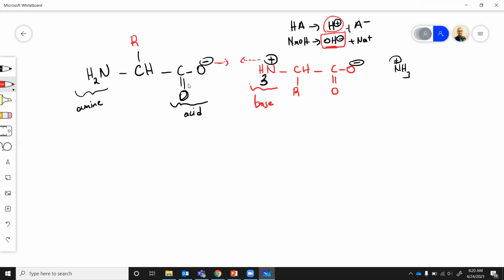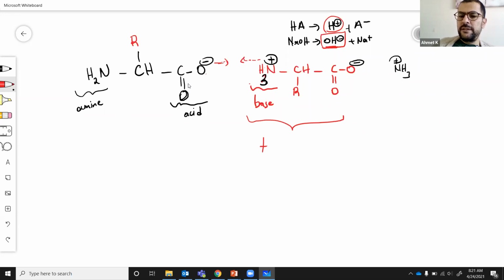And then we are going to call this molecule, there's a term for this, okay? We're going to call it, this is how I remember it, Twitter, right? So it's not going to be Twitter, but it's going to be Zwitter. It's a funny word, but it is what it is.